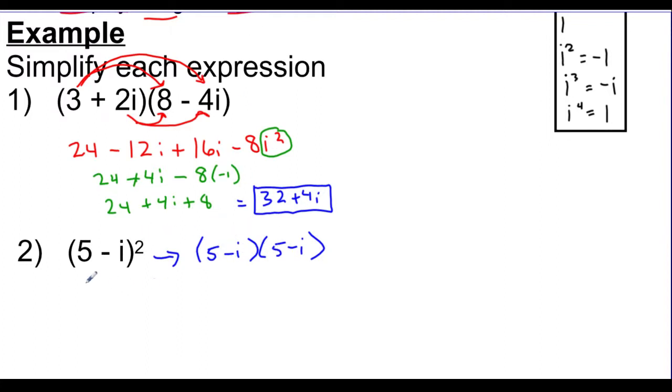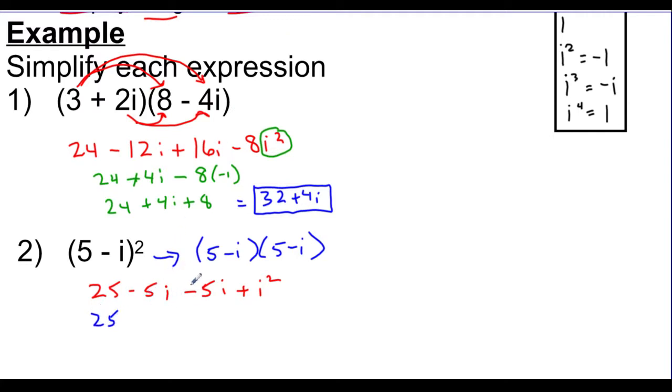So 5 times 5, well, that's 25. Okay, 5 times -i is -5i. I have another one of those. -i times 5 is also -5i. And then -i times -i is positive i squared. Okay, so we're going to do a couple of simplify steps. I'm going to say 25, we're going to leave alone.